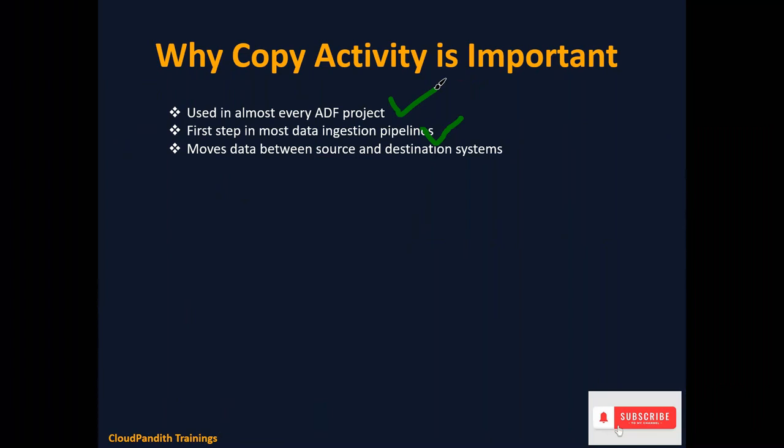Copy activity is usually the first activity implemented in an Azure Data Factory project for data ingestion. What is the main responsibility of the copy activity? To move data from source systems to the destination system. We cannot perform basic data movement without copy activity.